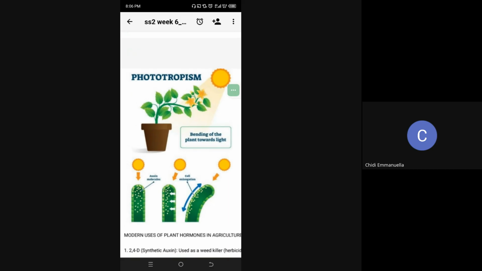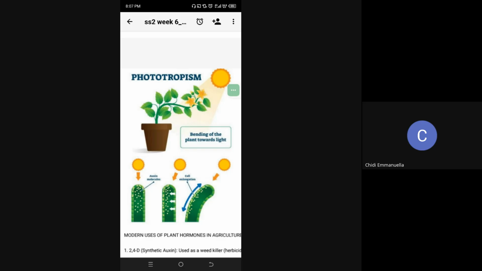When sunlight comes in direct contact with the plant at the middle, auxin molecules are present and spread evenly.